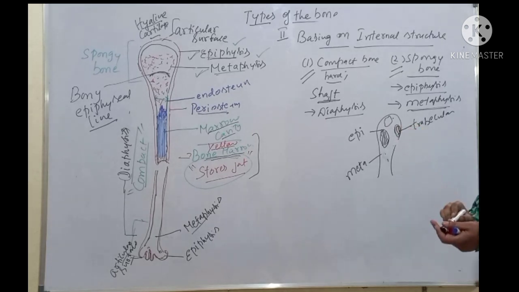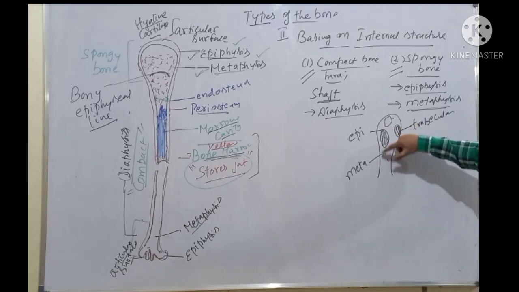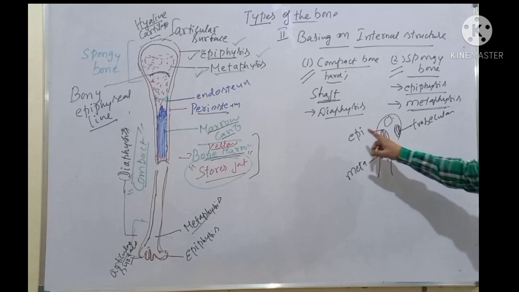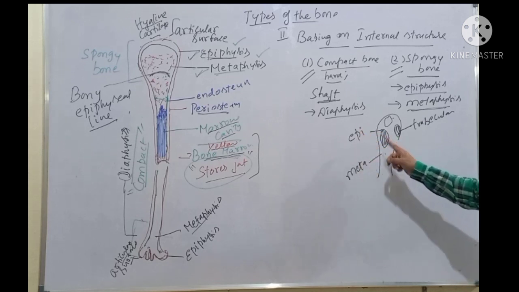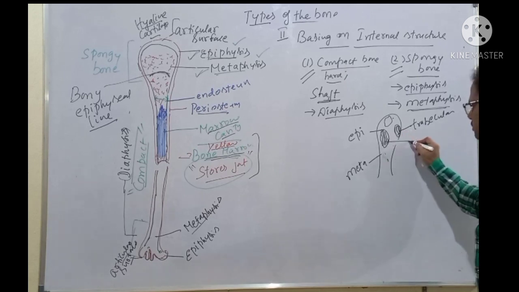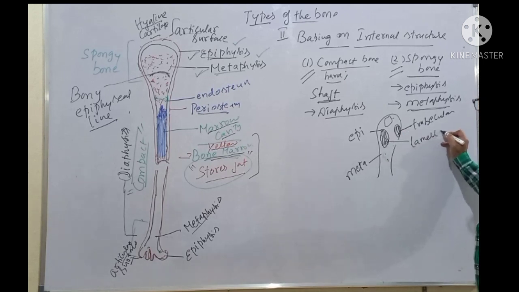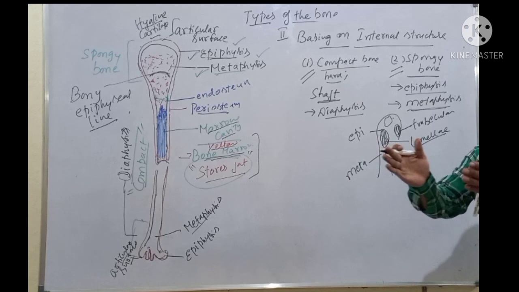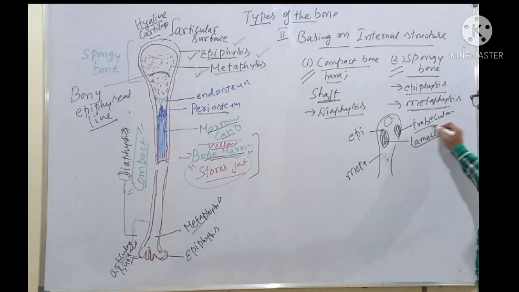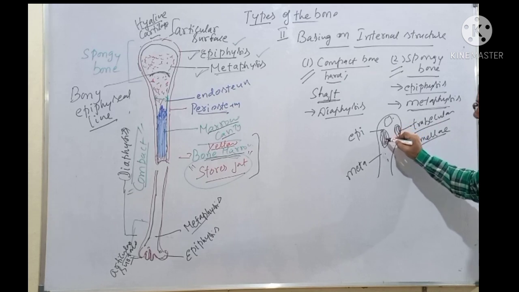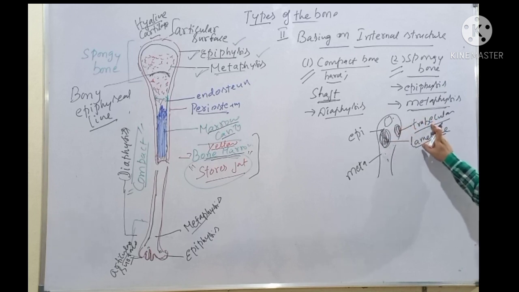So 1, 2, like this, many trabeculae are there here. What is this one? Spongy bone, corresponding to the epiphysis and metaphysis, and contains the lamellae. The lamellae are joined together as a bunch, and it forms into which one? Trabecula. All these lamellae join to form one trabecula.